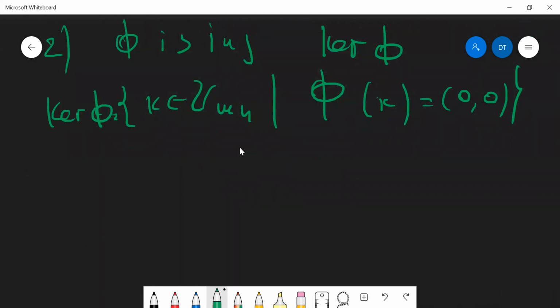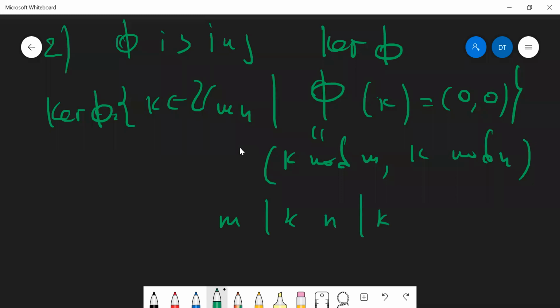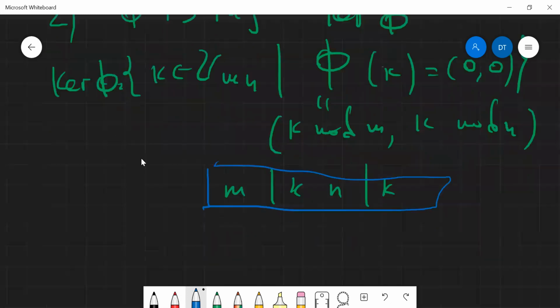Phi of k is the pair k modulo m, k modulo n. This is the definition of phi of k. And when is it equal to (0, 0)? Well, exactly when m divides k and n divides k. So these two conditions mean that the element k belongs to the kernel of phi.